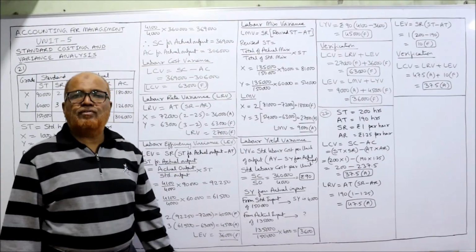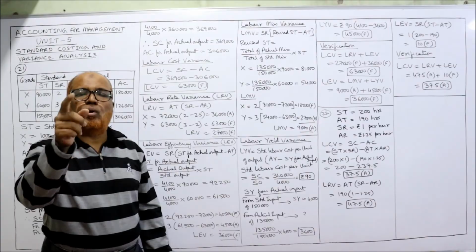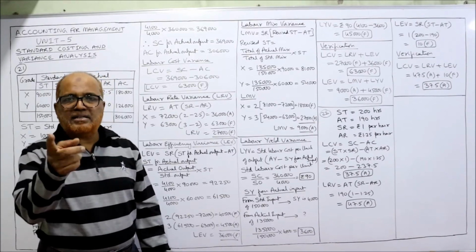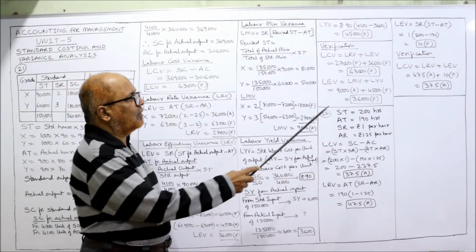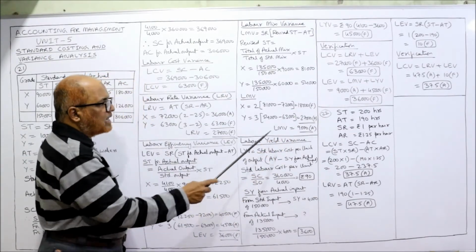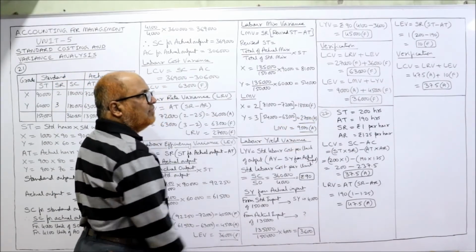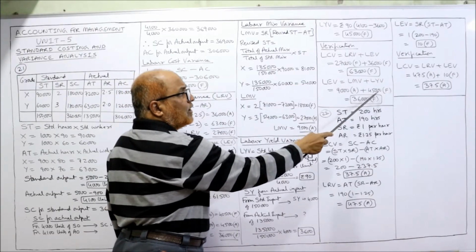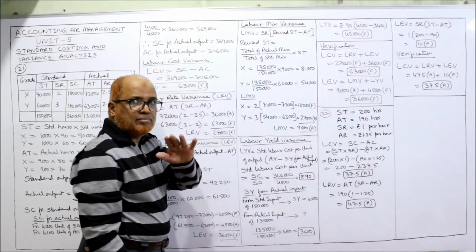Now one more verification we can do. LEV, labor efficiency variance, is equal to labor mix variance plus labor yield variance. Mix and yield combined will give efficiency. Now we confirm. How much is LMV here? 9,000 adverse. And LYV, yield variance, 45,000 favorable. Adverse means minus.